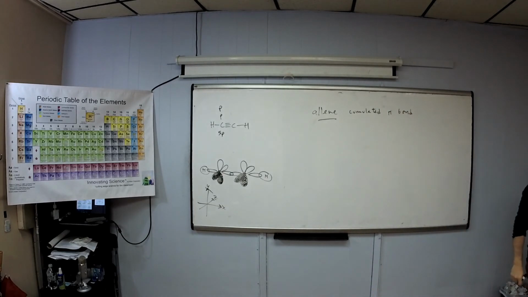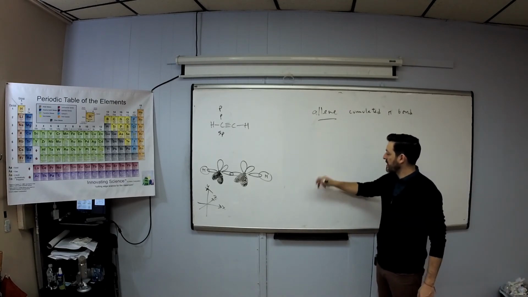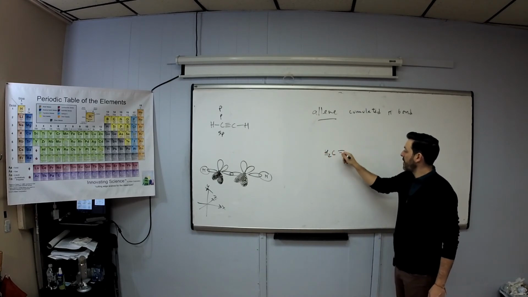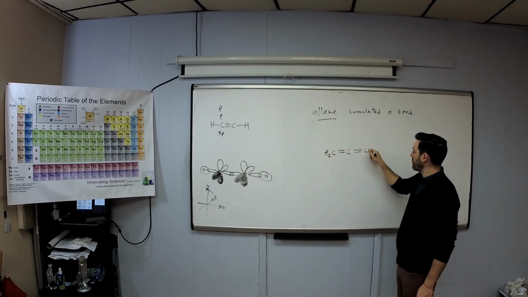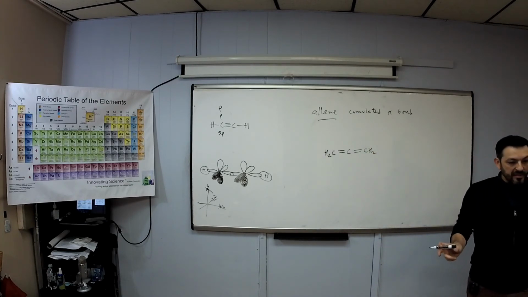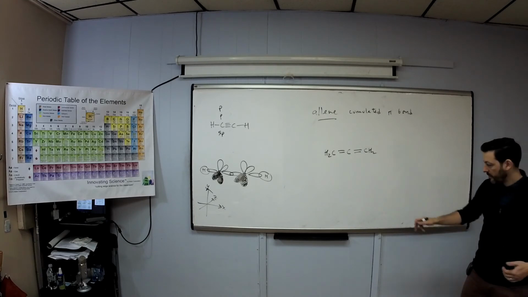Cumulated pi bonds. So what are these cumulated pi bonds? The smallest allene looks like this. It's 2 hydrogens on a carbon, double bonded to a carbon, double bonded to a carbon with 2 hydrogens. Cumulated is double bonds that just go one after the other, no breaks in between.